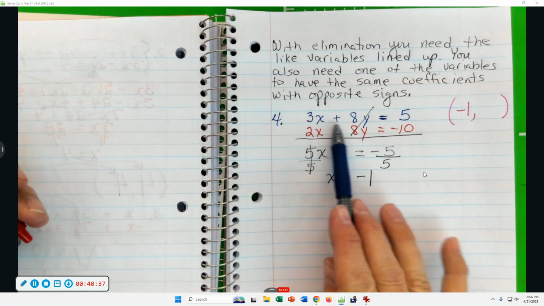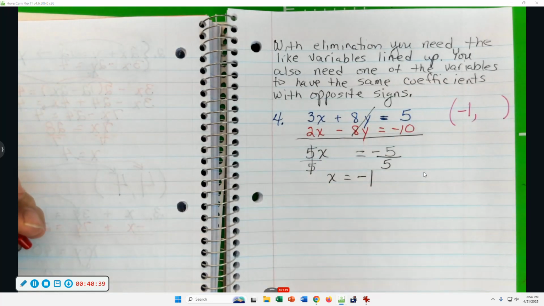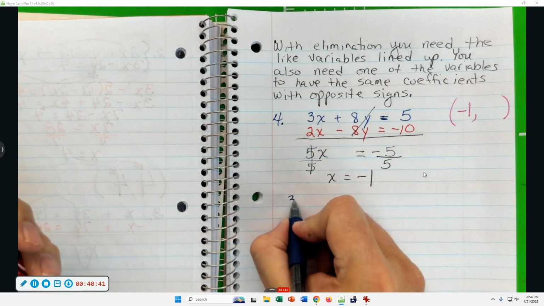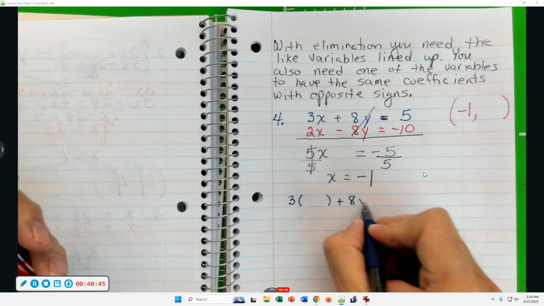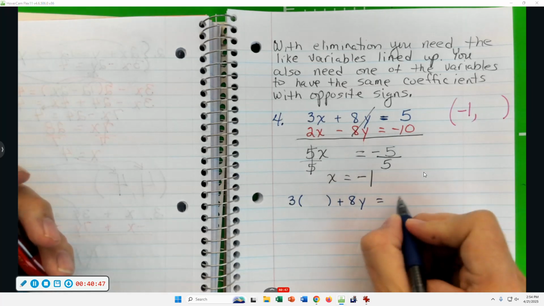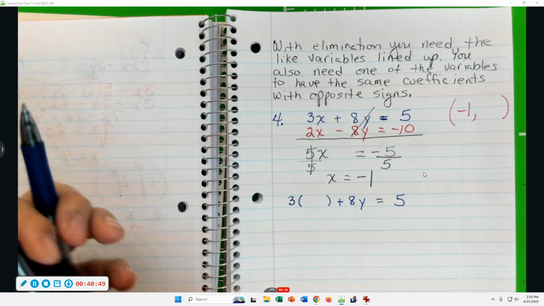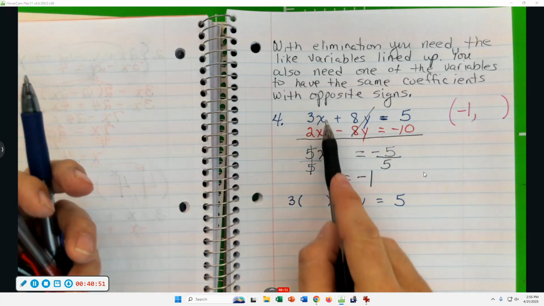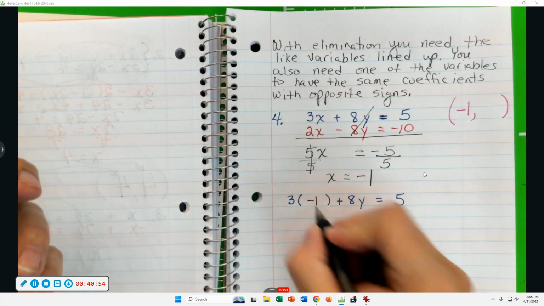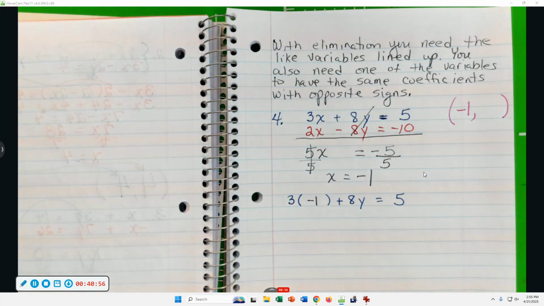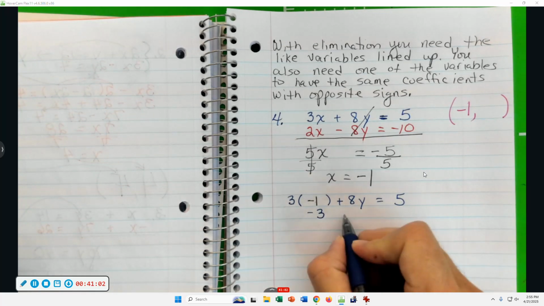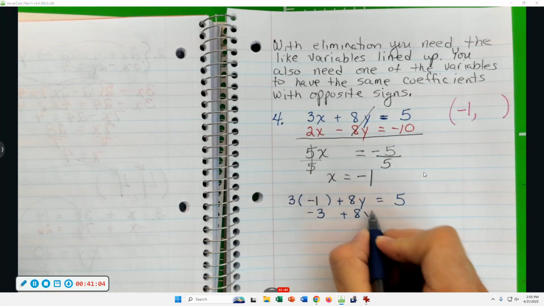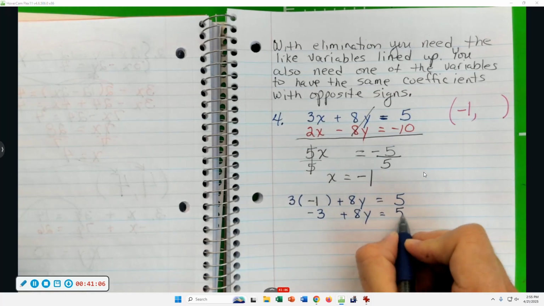So I think I'll plug it into the blue one, the first equation, 3 times x plus 8y equals 5. So I'm putting a -1 in place of the x. Now, if you'd used the red one, you're going to get the same answer. Let's see, the 3 times -1, that's -3 plus 8y equals 5.